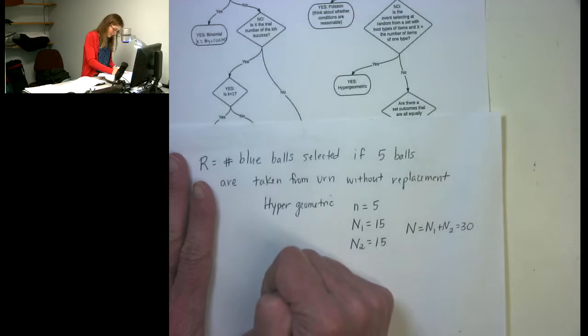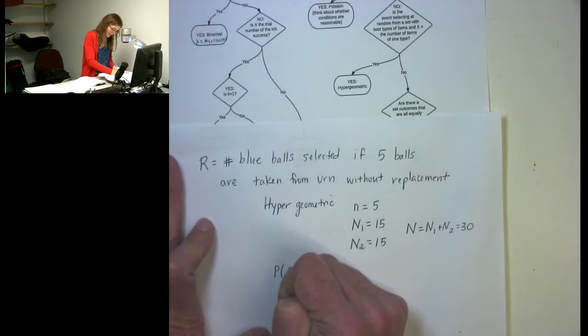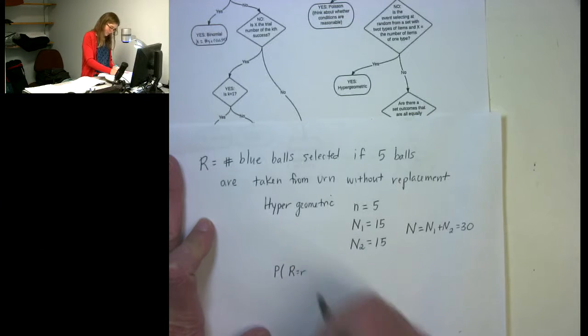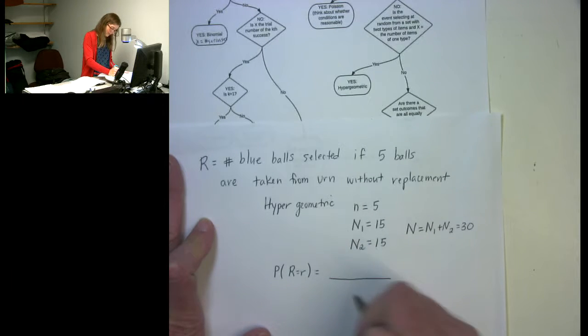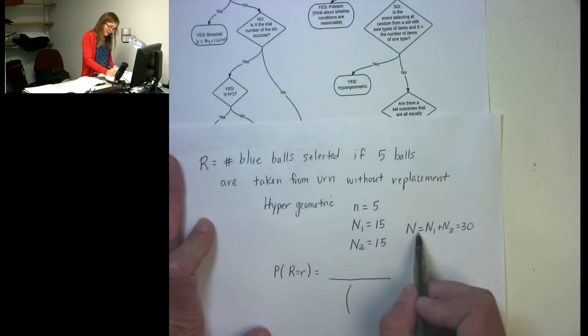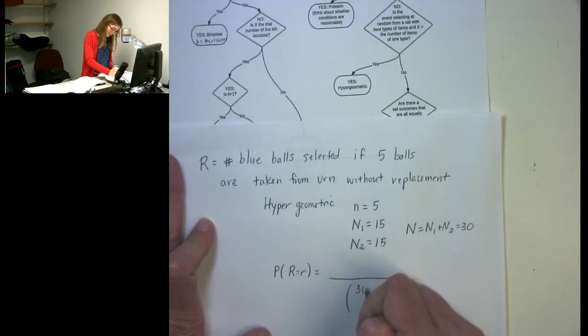And so if I wanted to find the probability that R is equal to a particular value, little r, I'd use my hypergeometric distribution. On the bottom, I have the total number of ways I could choose 5 from 30 objects.